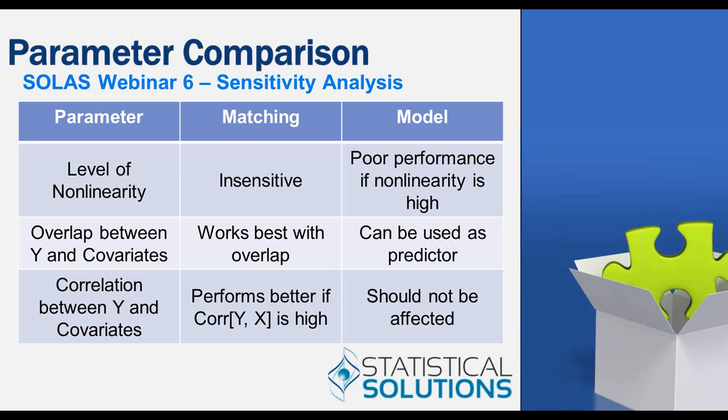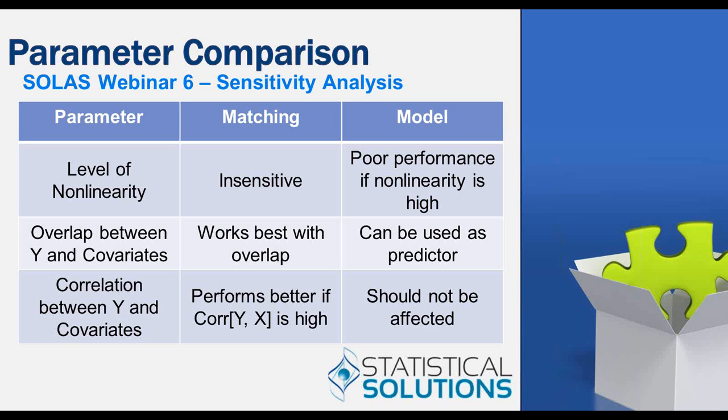When we're looking at matching-based approaches, the level of nonlinearity is not an issue. Overlap works best with overlap between predictor and covariate values, because you're looking for the best match for a missing data point. So if there aren't any similar patients or cases within your data to match up with the missing data point, that's always an issue.